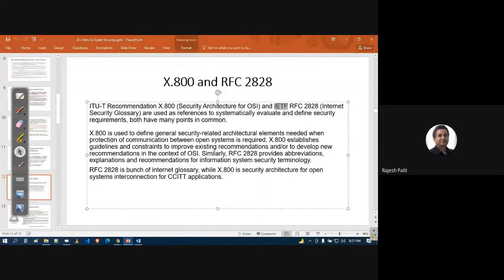The X.800 is used to define general security-related architectural elements needed when protection of communication between open systems is required. RFC 2828 is an internet glossary, whereas X.800 is the security architecture for open systems interconnection. Both documents are necessary for security professionals.